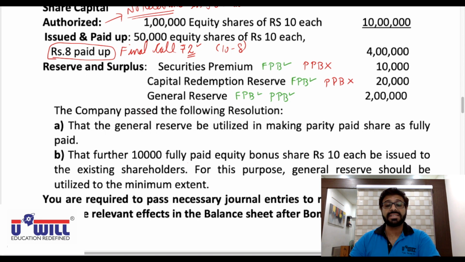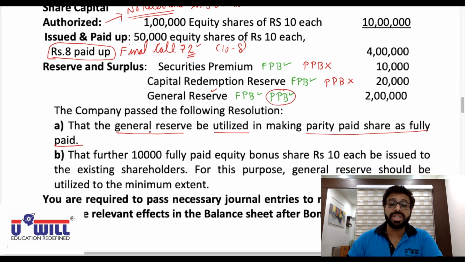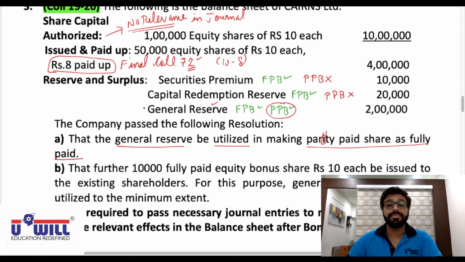The company passed the following resolution that the general reserve be utilized in making partly paid shares as fully paid, and as such we discussed general reserve is the only one available for partly paid bonus shares. What would be that amount?